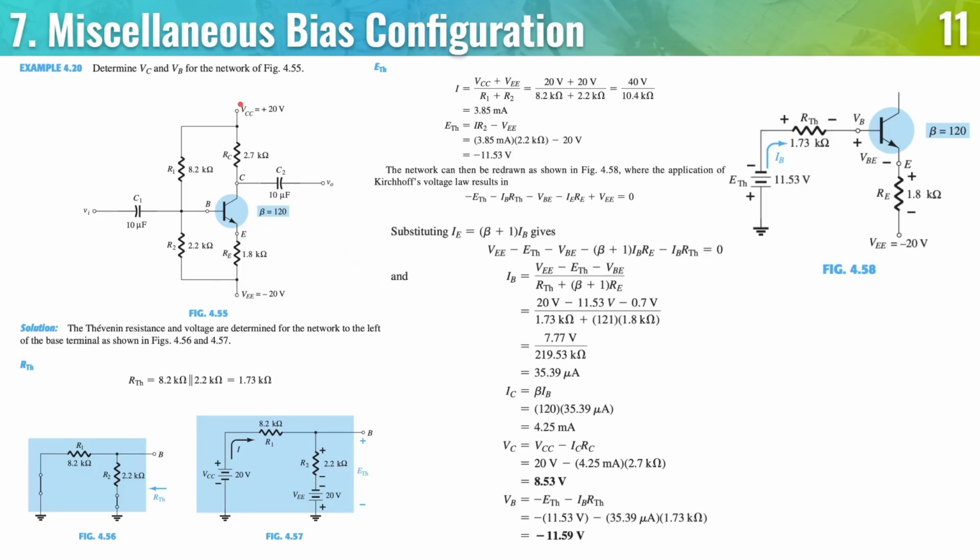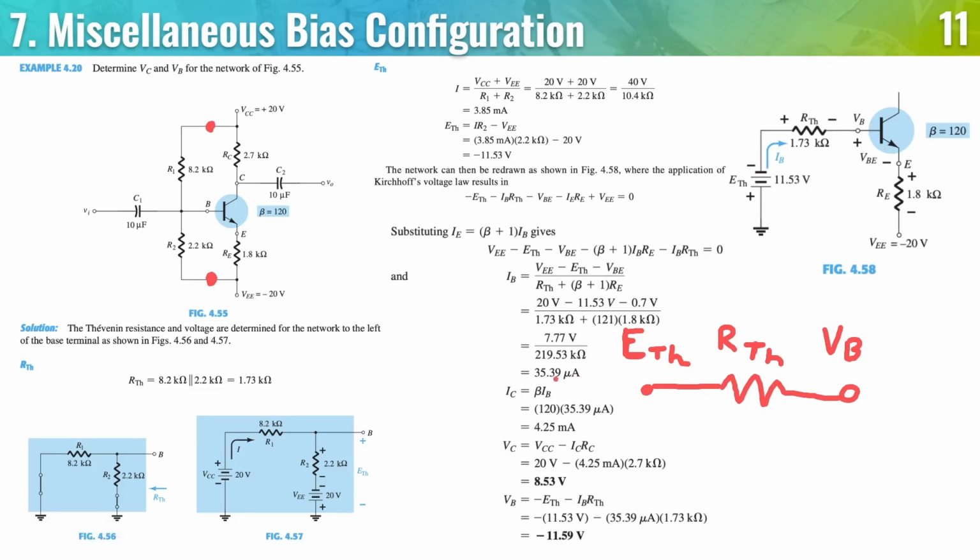So first, the main concept we want to get here is that focusing on the base, we have VB here, RTH here, and ETH here. So again, you need to understand that ETH comes before the resistor and then you have the VB.